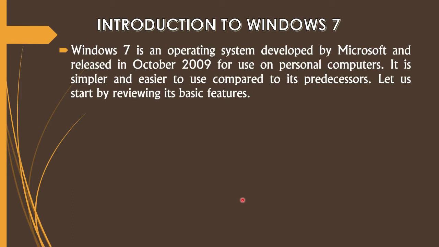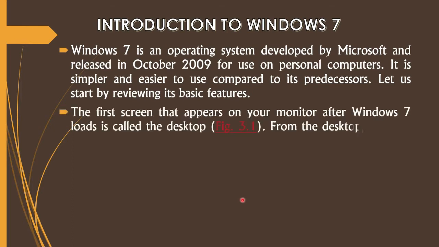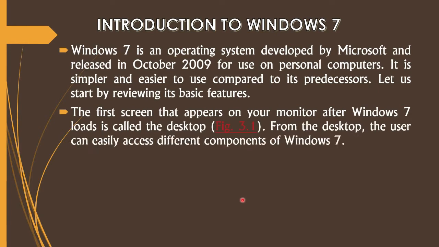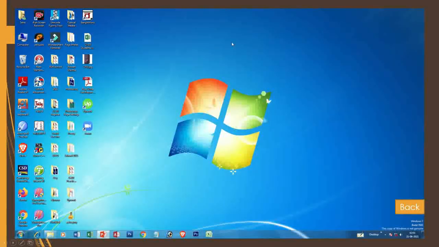So the features: the first screen that appears on the monitor after Windows 7 loads is called the desktop. From the desktop, the user can easily access different components of Windows 7. You can see this is the one. This is what will be displayed on the screen when you turn on the computer, the Windows 7 operating system.